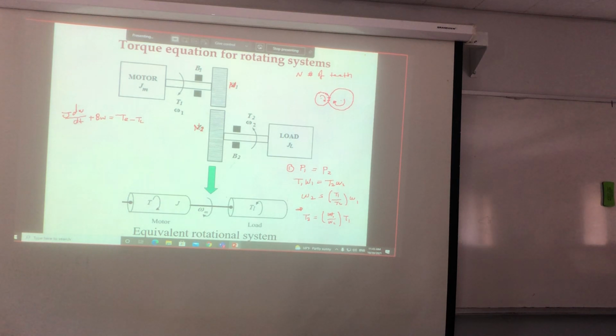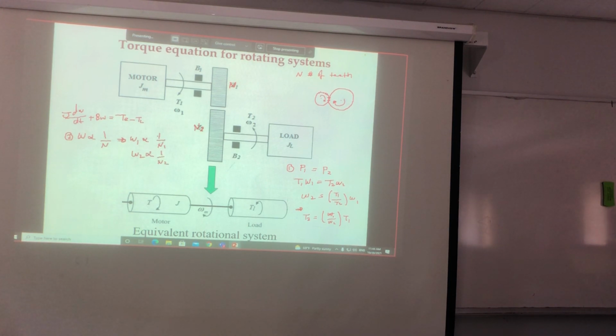So simply the second fact I can use in order to model the gearbox is that omega is proportional with 1 over n. So this means that omega 1 is proportional with 1 over n1, and omega 2 is proportional with 1 over n2.